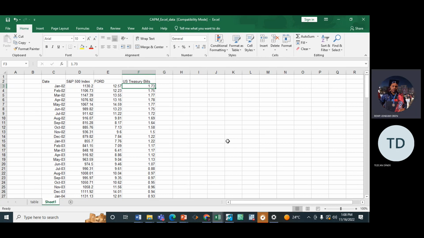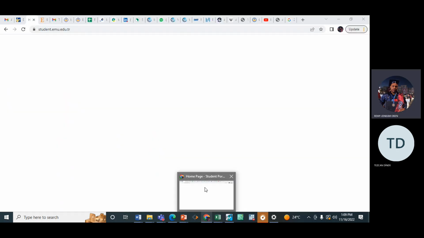These figures are annualized. Have you done 503 investment? Those who are doing investment, have you done annualization? You should. That's one of the first things. Yes, it is monthly data, but it has been annualized. How come?